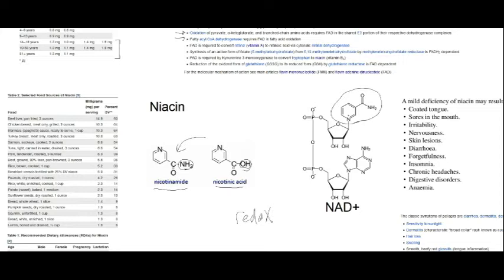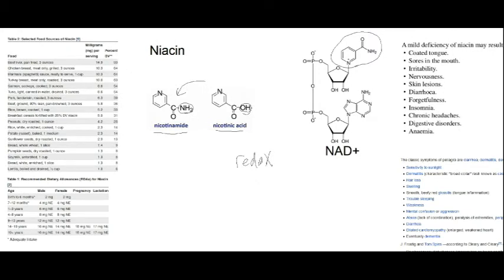I have the sources here again and the RDAs. The RDAs for 14 plus years of age are around 14 to 16 milligrams. So beef liver, chicken breast, turkey breast, and salmon. A lot of meats are rich in niacin.